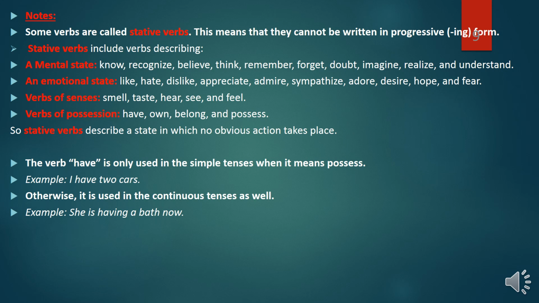For example, I have 2 cars. But if I am using the verb have to show a certain action, I can use it with ing. For example, I can say she is having a bath now. He is having lunch with his friends. So I am using it to show a certain action.